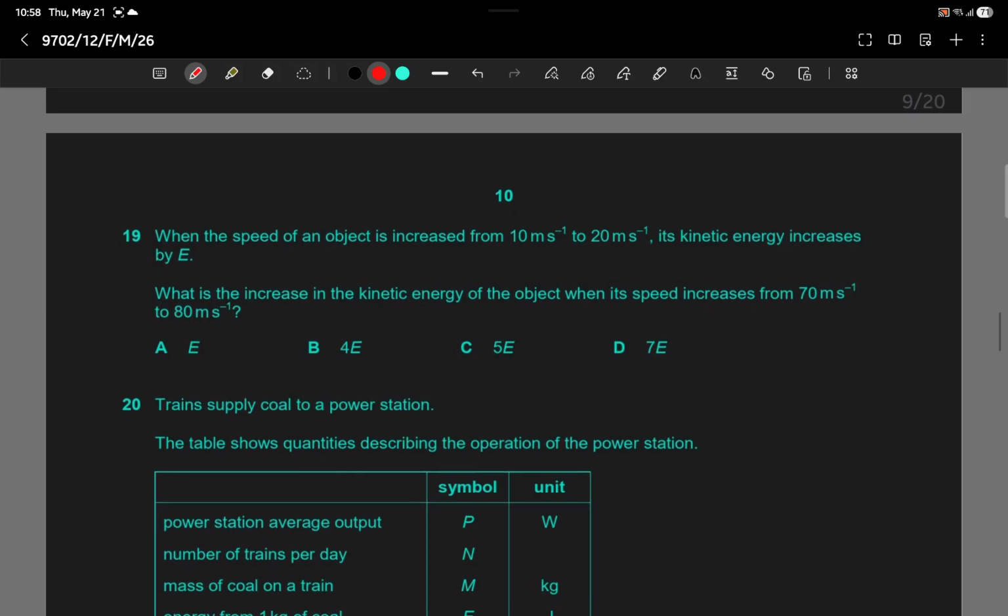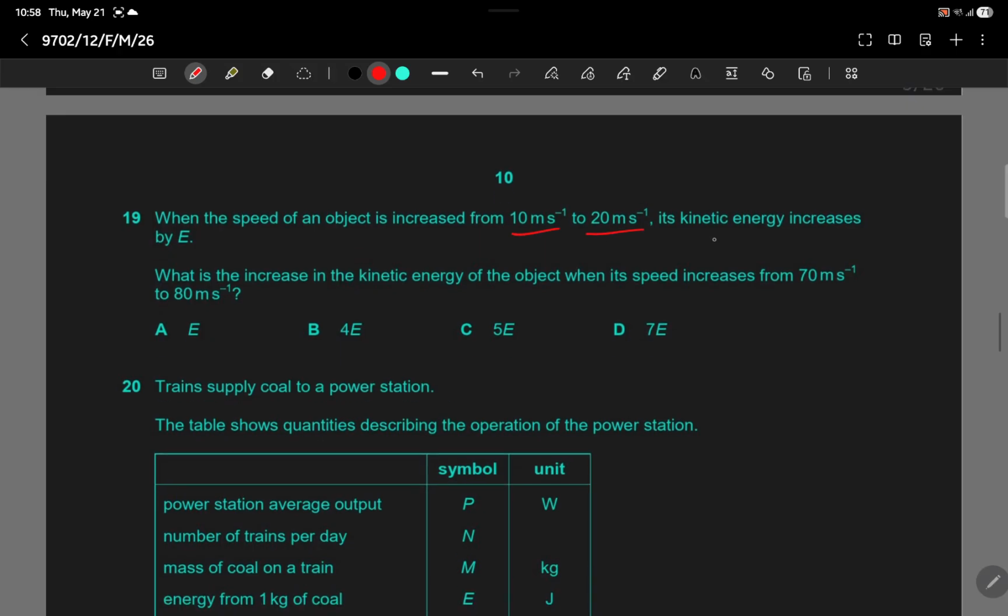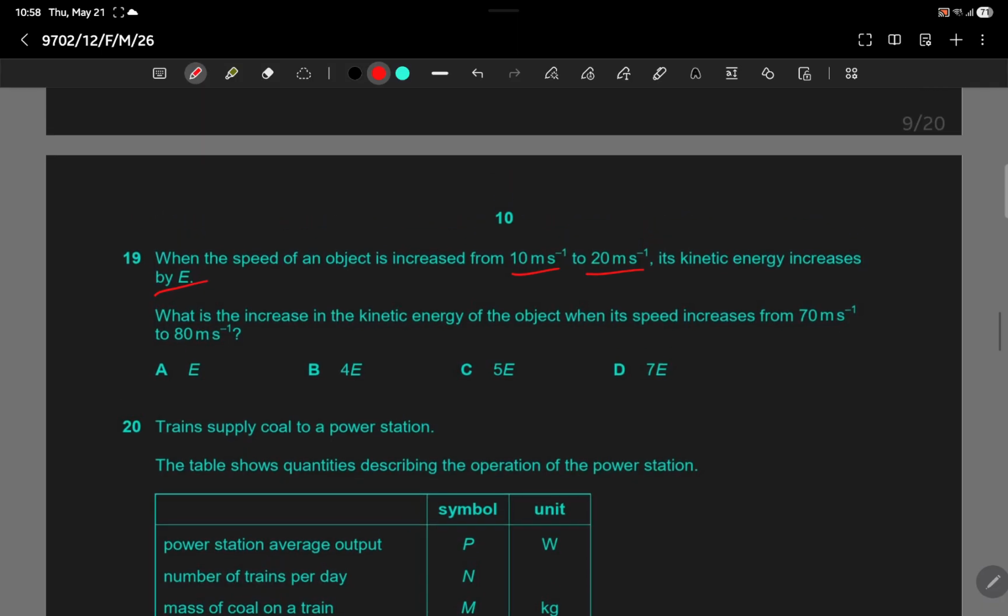Now, when the speed of an object increases from 10 meters per second to 20 meters per second, its kinetic energy increases by E. What is the increase in kinetic energy of the object when its speed increases from 70 meters per second to 80?